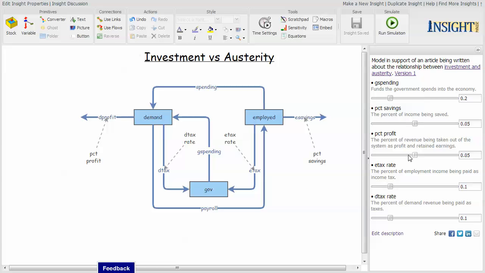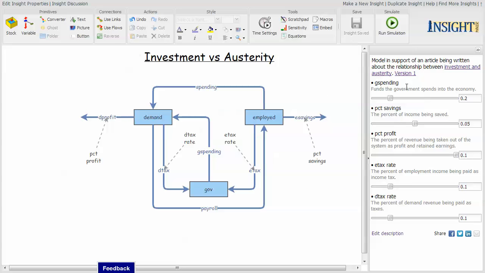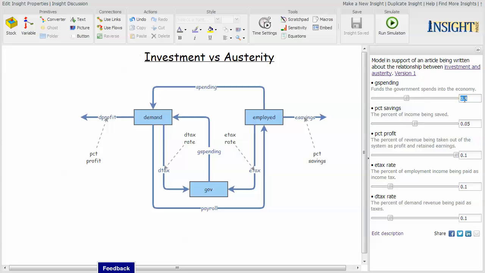If the amount of profit taken out increases even more than that, then it has an even more marked impact, and the only way to accommodate for that and cause the economy to grow is for the government to spend more to balance out what's being taken out of the economy.